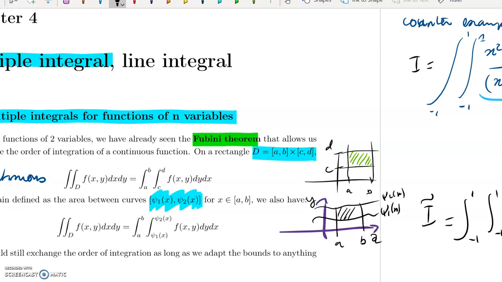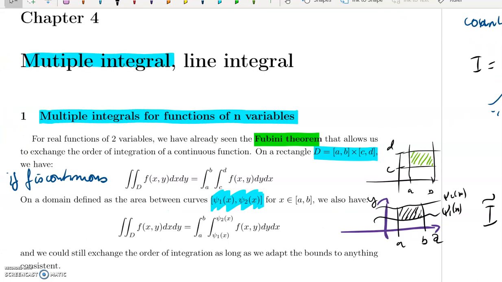You see, now we no longer have a square, we've got something more complicated, but in that case it's still doable, as long as you can still compute the integration, and maybe if everything goes fine, you can exchange the order of integration.